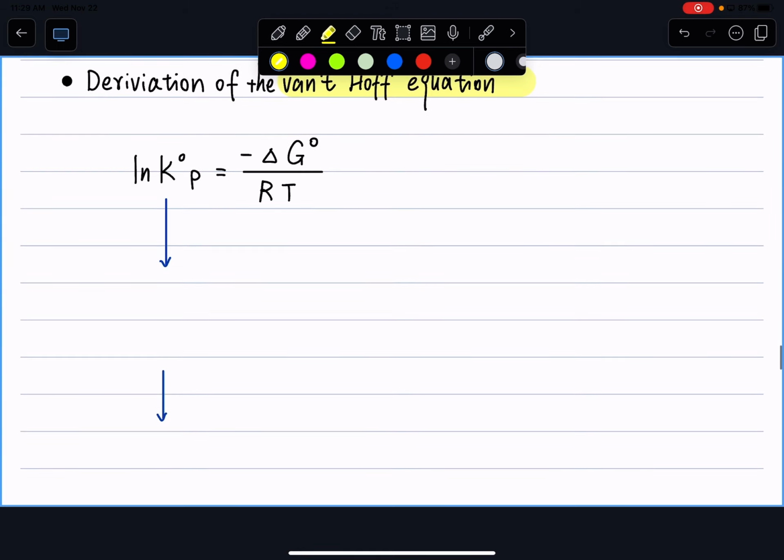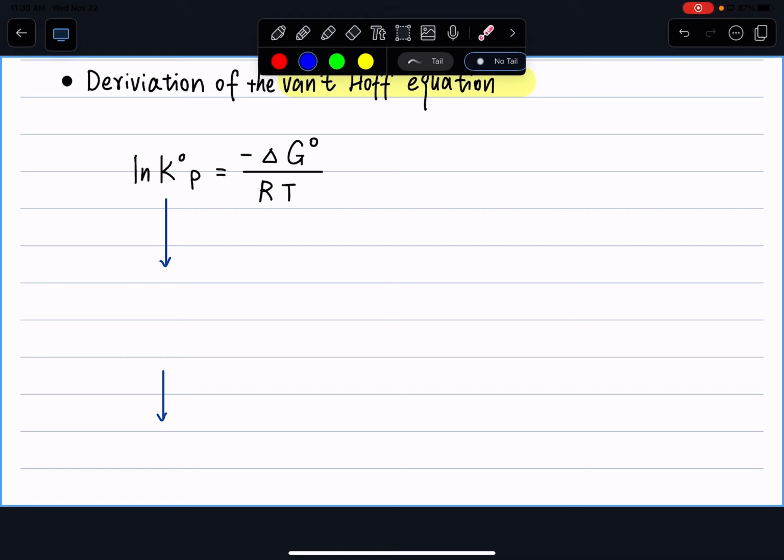So we start from our original relationship we identified, right? The delta G of your reaction equals negative RT times ln Kp. In this case, let's put the ln Kp on the left-hand side and everything else on the right-hand side, because we're trying to find the temperature dependence of the equilibrium constant. So everything with the equilibrium constant on the left, everything with temperature or everything else on the right.